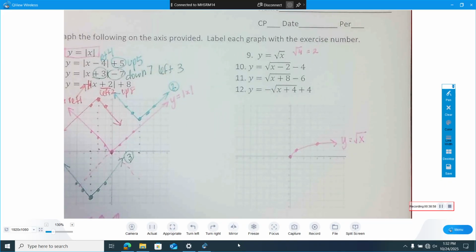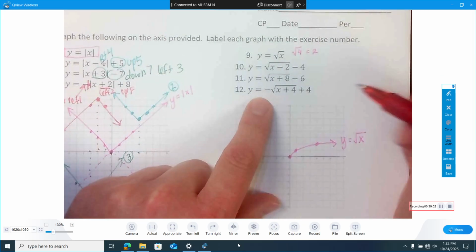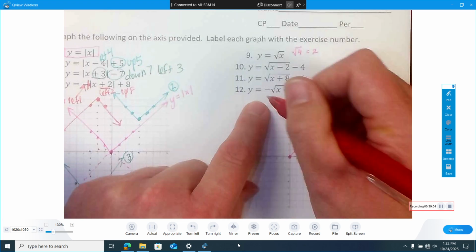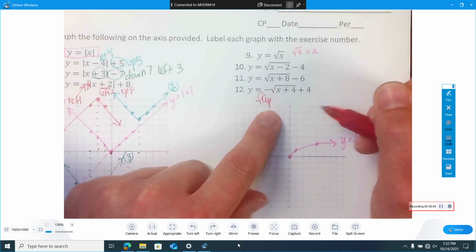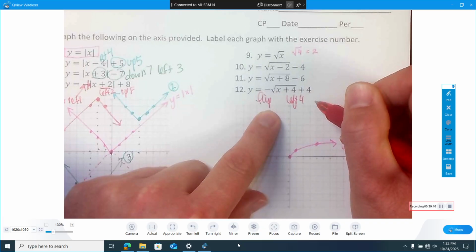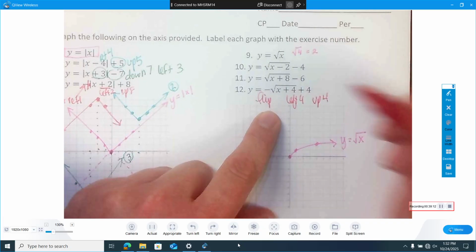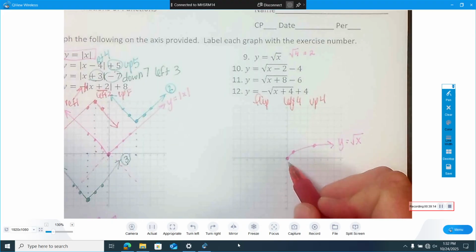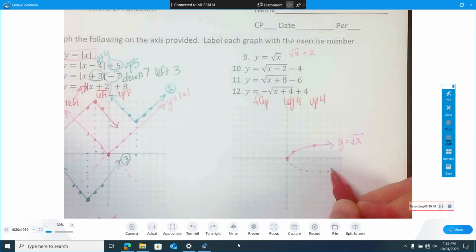Let's just do number 12. What happens on number 12? Flip it, and then you got to go left 4, and then what? Up 4, yeah? Okay. So this gets flipped upside down, so it's really looking like this now.